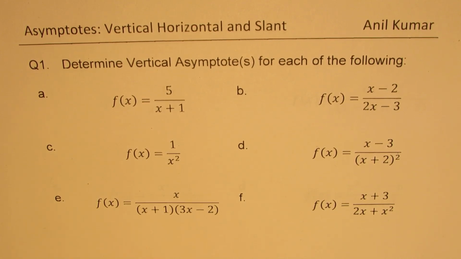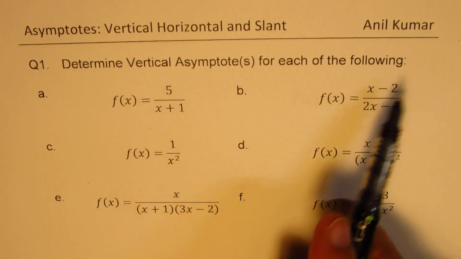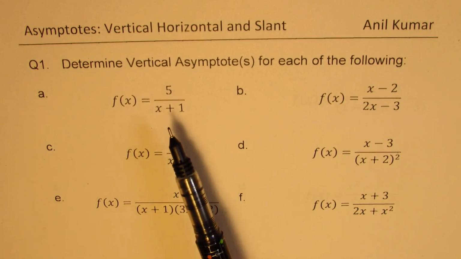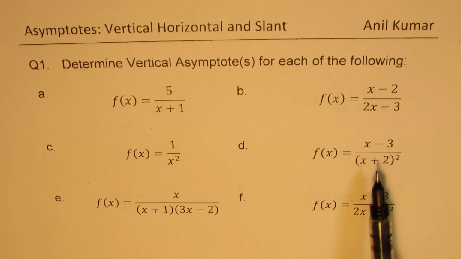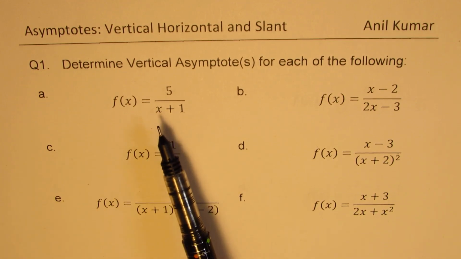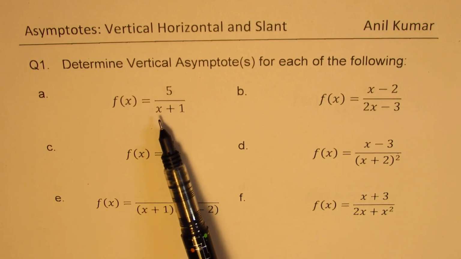Very first example here is to determine vertical asymptotes for each of the following. So there are 6 functions given to you. You need to check 2 things. First, do we have a common factor between numerator and denominator? And second, is the function undefined for any value of x?